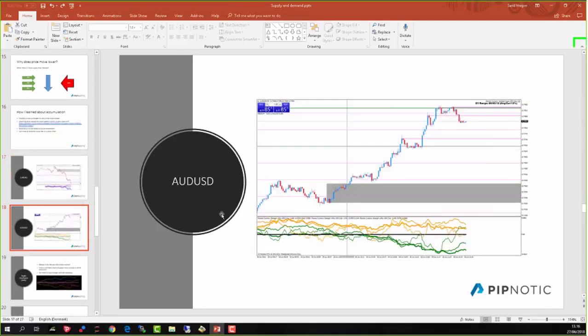We have another example just here where we have the Australian dollar, which is looking quite strong relative to the American dollar. And I emphasize the word relative because while in the Australian dollar, American dollar cross this pair could be moving higher, the Australian dollar relative to, for example, the Japanese yen could be moving lower.